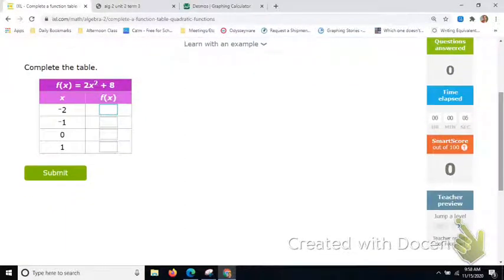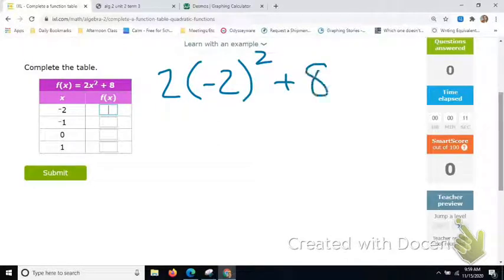Here we are practicing plugging in the numbers. And I cannot stress enough how important it is, when you're using a calculator and squaring something, to put it inside some parentheses. Or you could just think to yourself, x squared, negative 2 times negative 2 is 4, 2 times 4 is 8, and 8 plus 8 is 16.